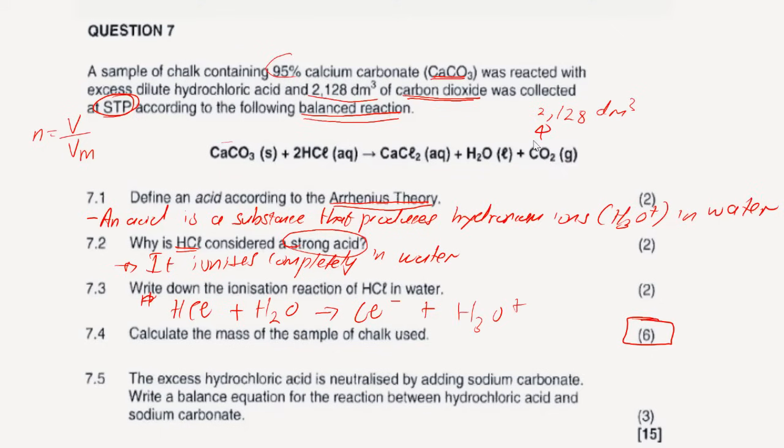Remember, carbon dioxide is the only gas here, and it makes sense that it was collected at STP because this only applies to gases. So again, let's remind ourselves of STP. Now, remember, this is a stoichiometric question.